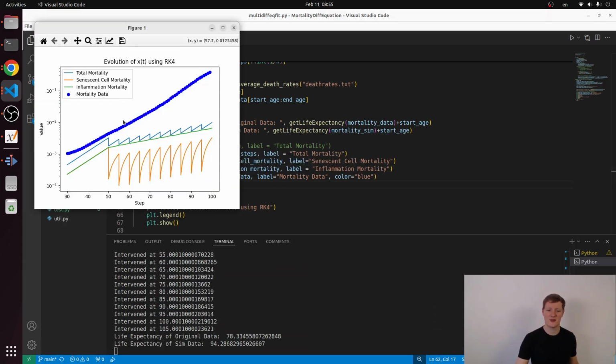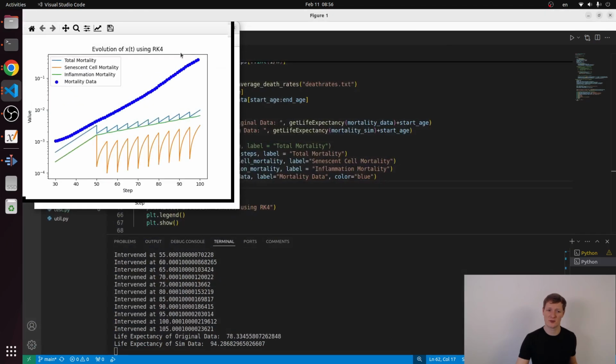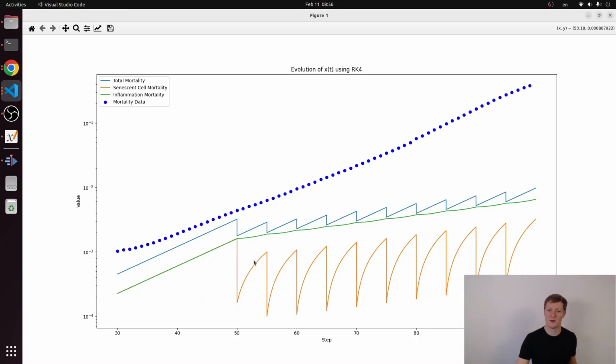Yeah, and then you can see what's happening. Our senescent cell count drops very sharply every 5 years, and our mortality still increases, and our inflammation mortality also does, but it's very, very slow because our senescent cell count is so low.